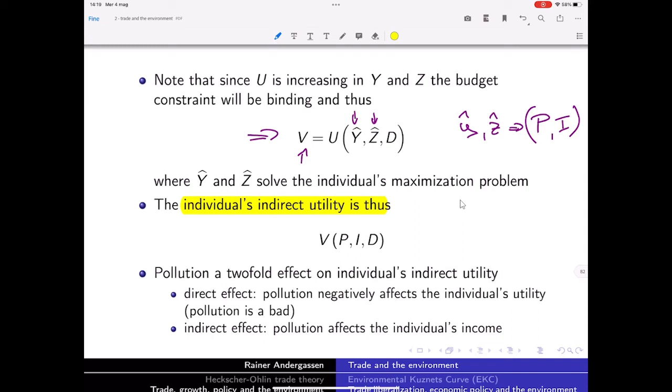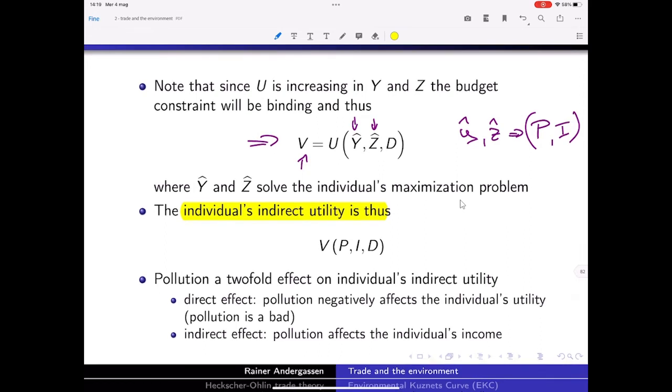Because remember, what we are going to study here is trade liberalization. We have seen that trade liberalization has a double effect. It affects the price of goods on the one side, and on the other side, it affects pollution.